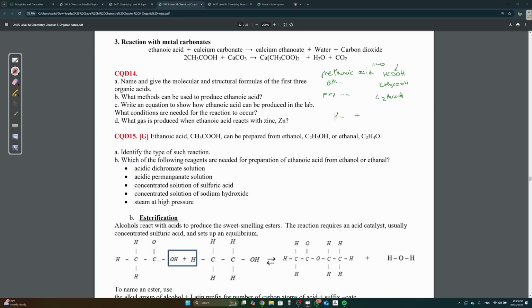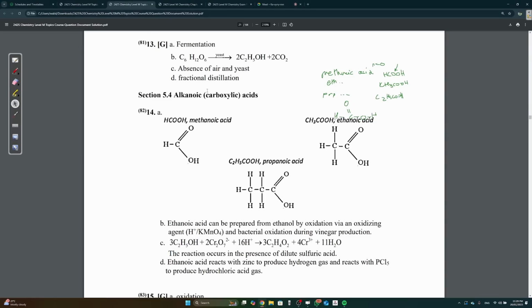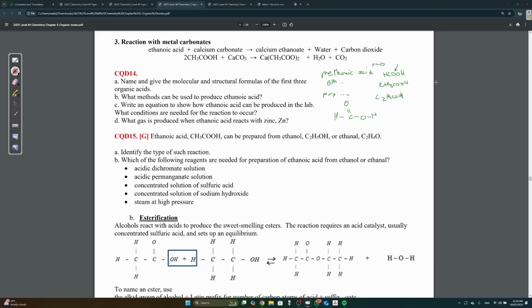It's just hydrogen bonded to C, double bond O. Same thing for this one here, CH3COOH. Draw CH3 bonded to C double bond O. Okay, like this. Not that hard. And the last one, C2H5. Just draw C2H5. C2H5 is like this, right?